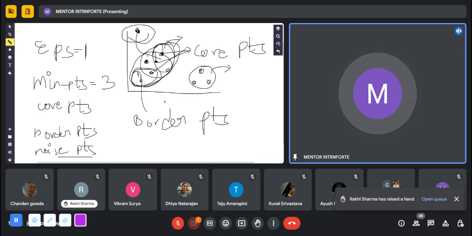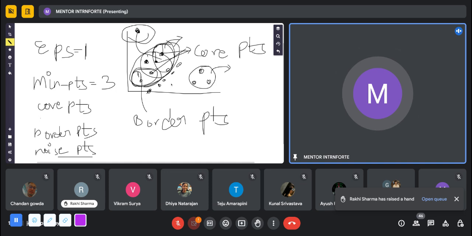Then a situation will come when it will not be finding any more core points, but it will find border points, points which have one core point within their epsilon radius, but don't have the minimum number of points satisfied. So first it will start with core points, then it will start expanding its horizon, and then it will keep on finding border points.